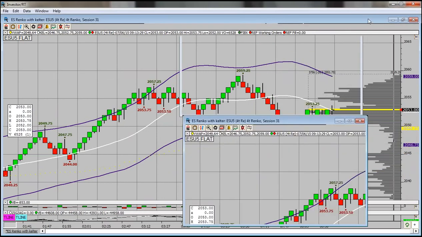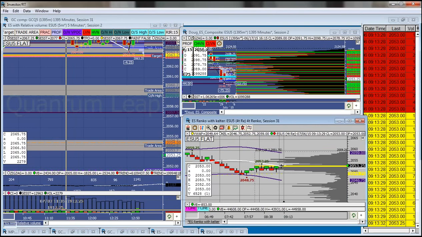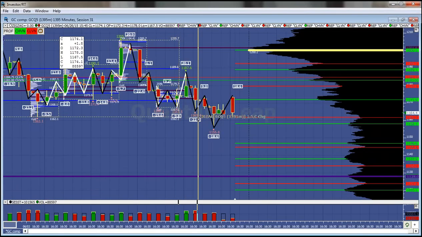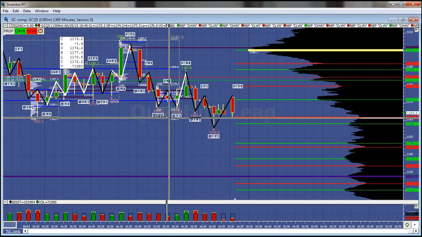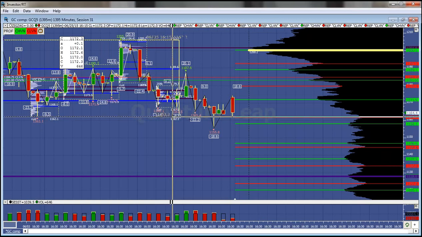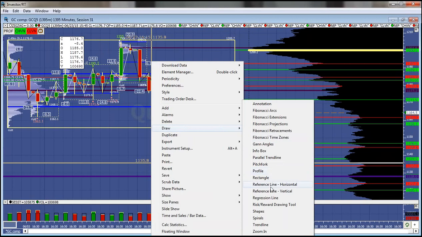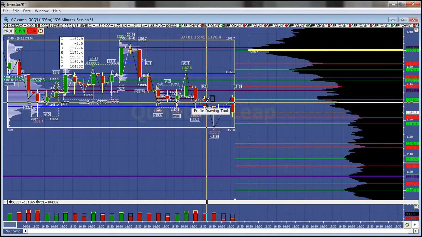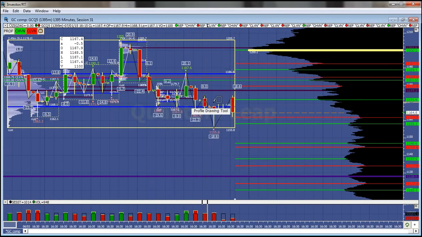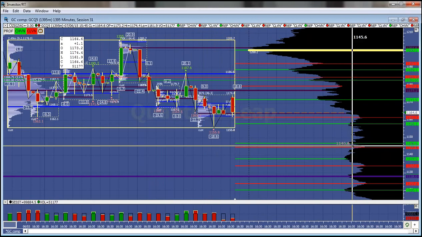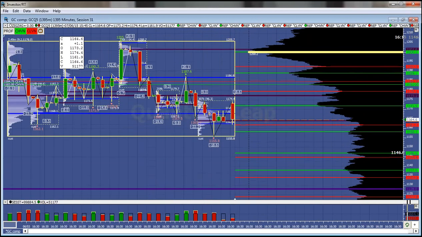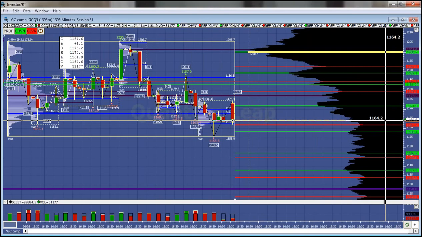All right, taking a quick look at gold. All right, so current balance right now is at 1164.20.